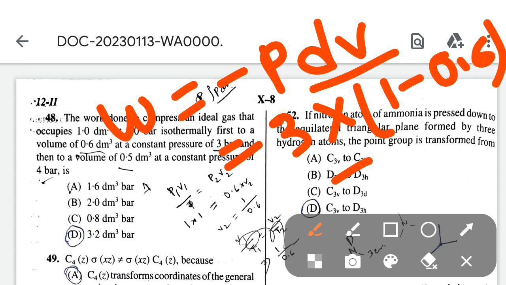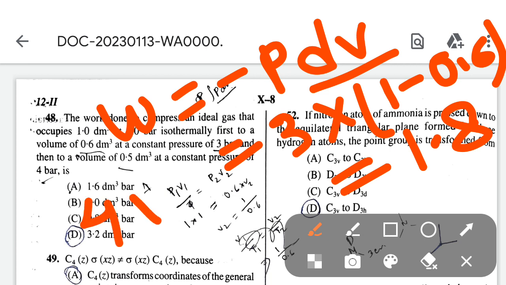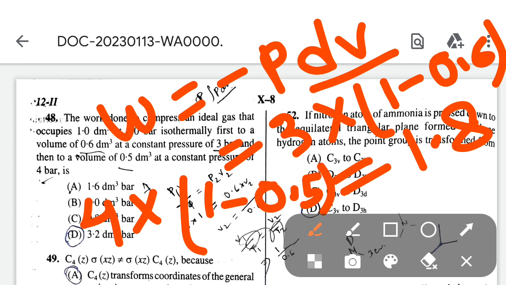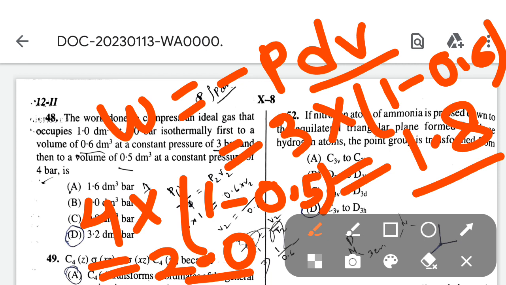So here the correct option is 1.2. Next, P is equal to 4 bar and volume 0.6 to 0.5. We will get 0.4. Then we will add this value.